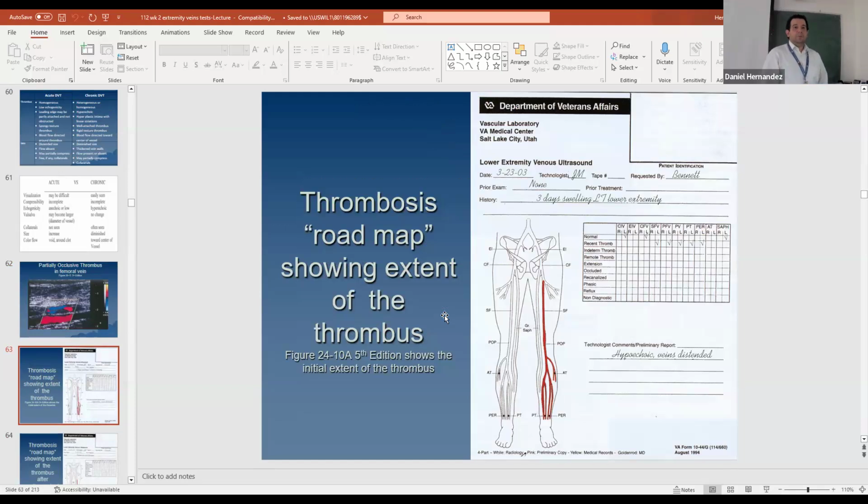So when we're writing up our DVT reports, it's important for us to determine or document the extent to which the patient's vessels are thrombosed. So, when we do our preliminary report, we start with common femoral vein. So we'd say, common femoral vein, popliteal veins are patent and compressible.